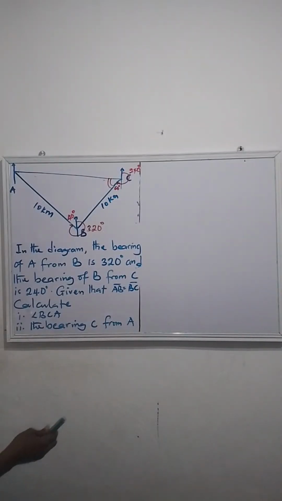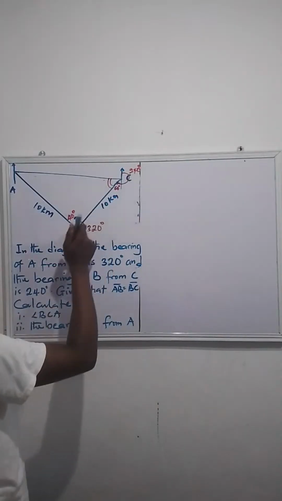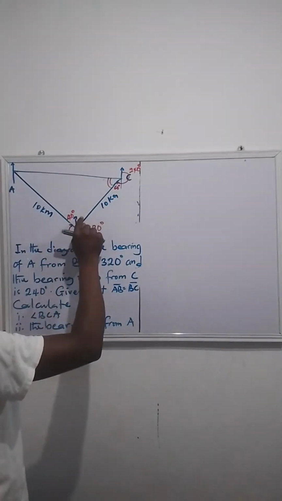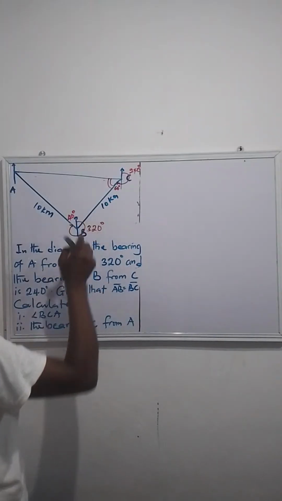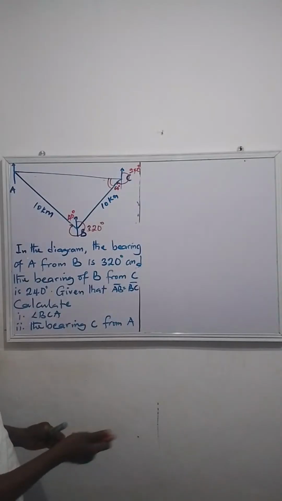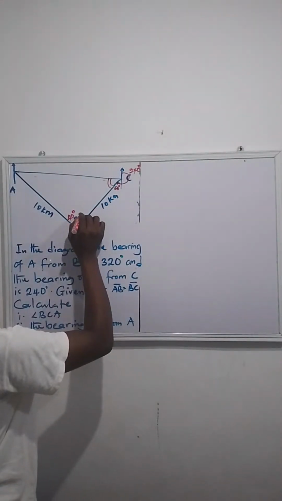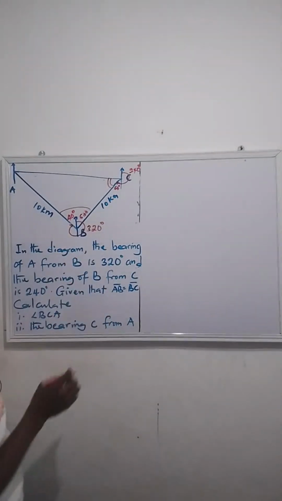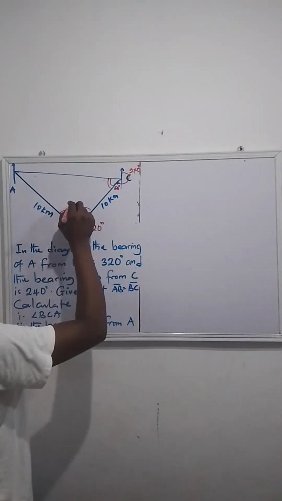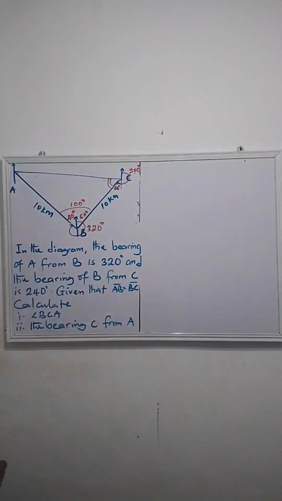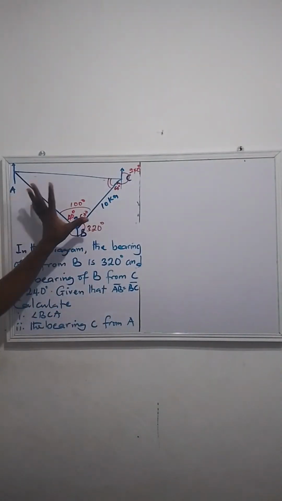Don't forget that this angle here is alternate to this angle, so that makes this one 60 degrees as well. So we have 60 degrees. The total angle we have here now is 100 degrees.